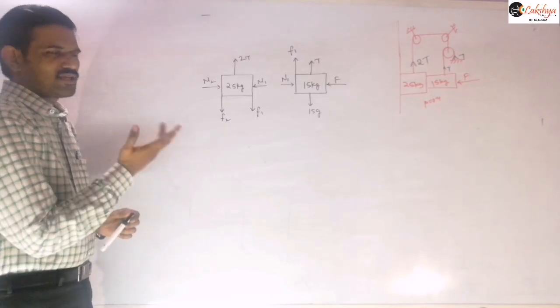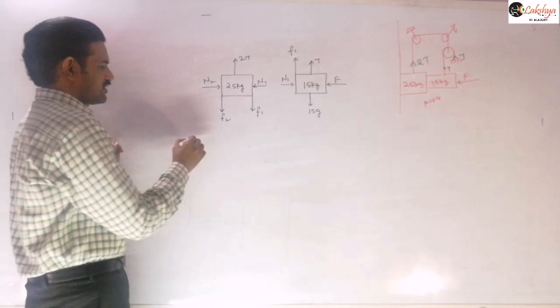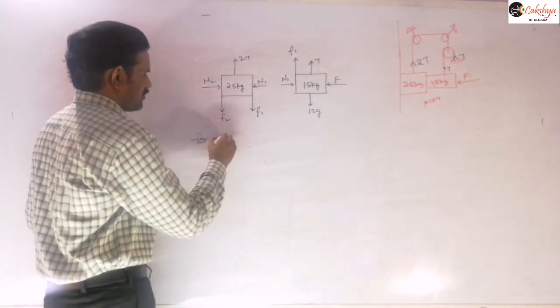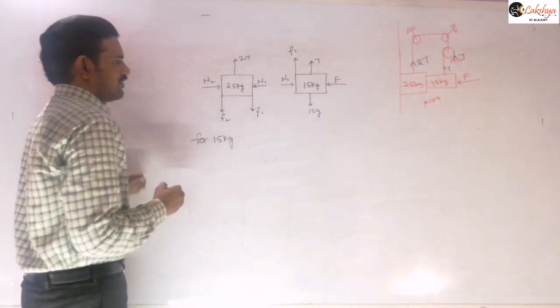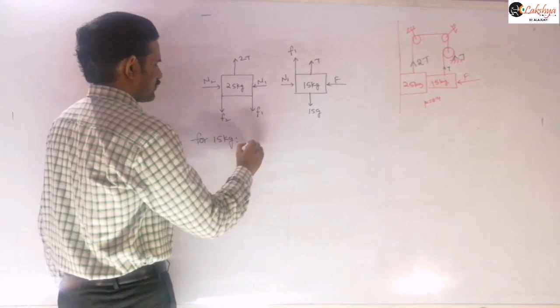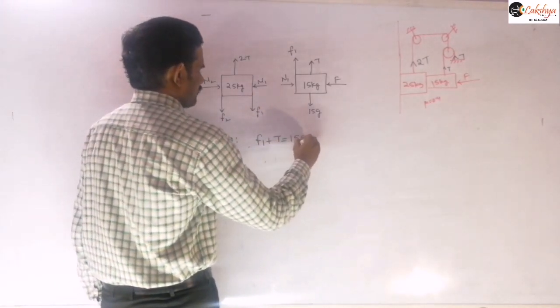Now let us take the equilibrium of the blocks, so that you will get the minimum force required. For the 15 kg block, you can write the force equation as F1 plus T is equal to 15 g.